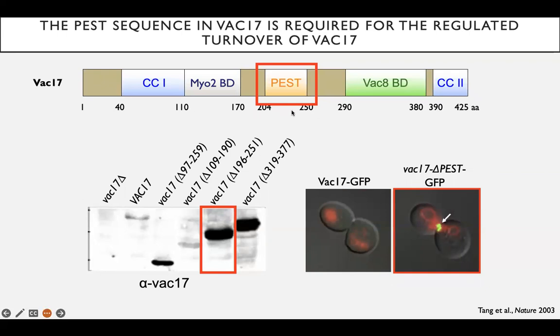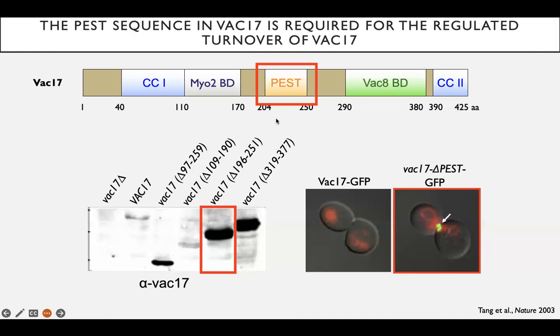What researchers found, and this is also discussed in the review, was that VAC17 contains this PEST sequence. This PEST sequence is defined by the amino acids that are enriched within it: proline, glutamate, serine, and threonine. And this sequence, it was known, often becomes phosphorylated, and then after phosphorylation regulates the degradation of proteins.